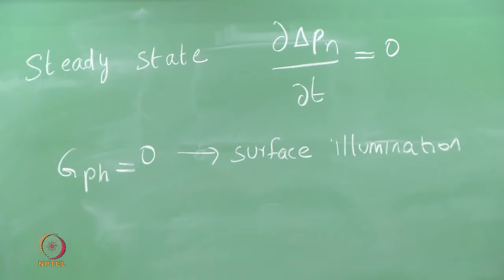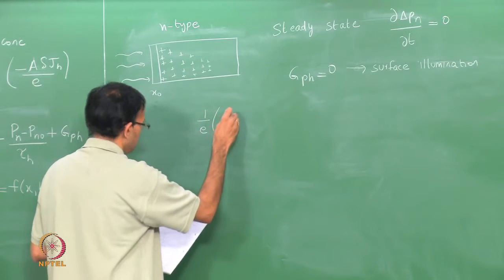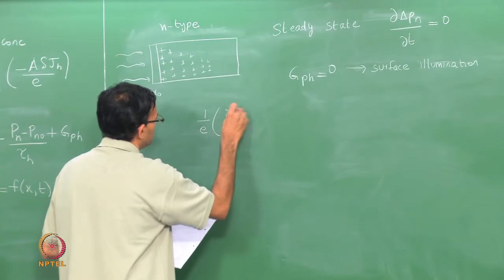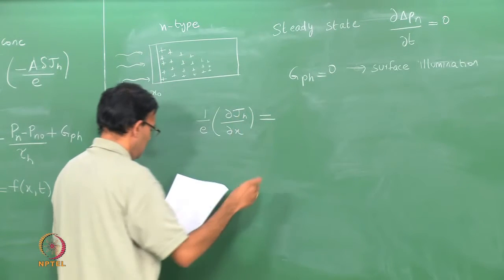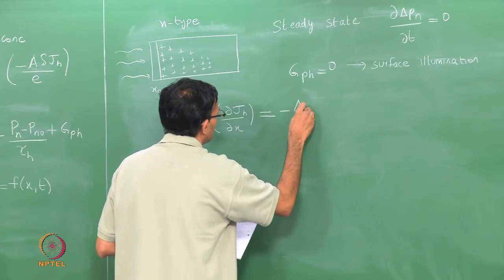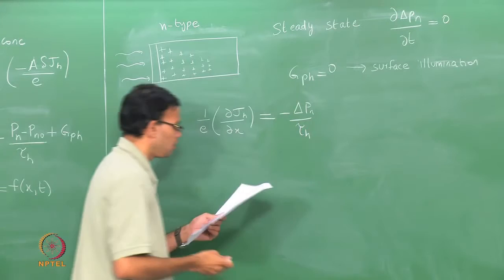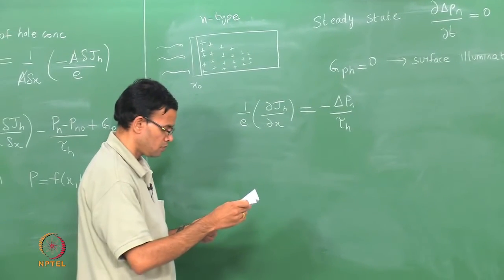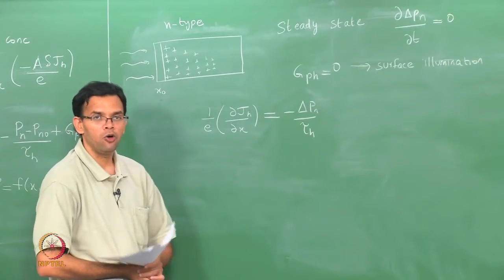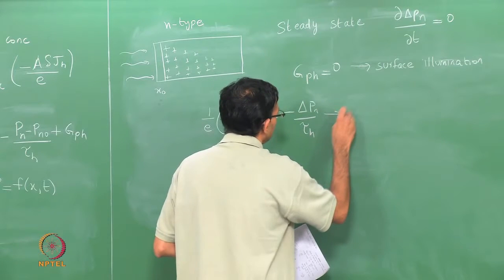So, we can go back and rewrite the continuity equation. In this particular case, the equation simplifies: dou Jh over dou x is minus delta Pn over tau n, minus delta Pn over tau h. So, you have a hole current that is set up mainly due to diffusion.